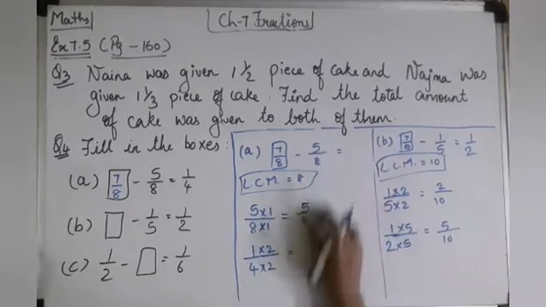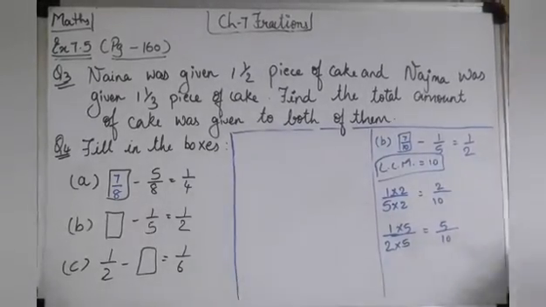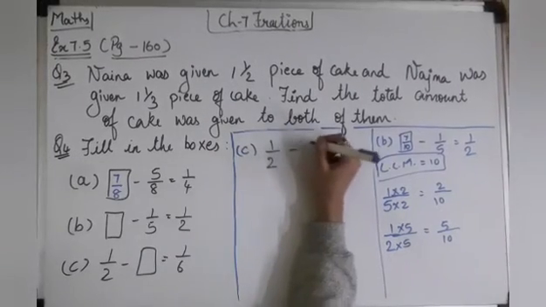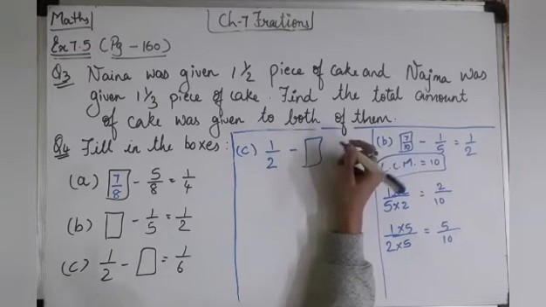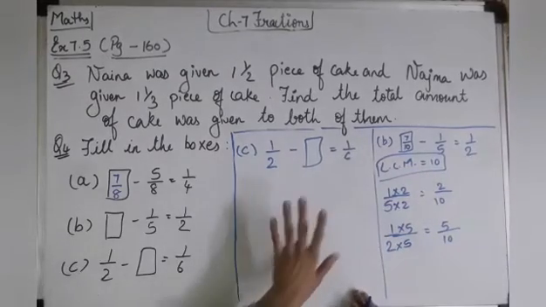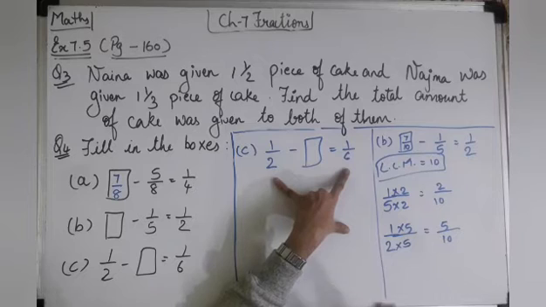C is quite different but it is also easy. 1 upon 2 minus, the second fraction is not given, and the answer is given, 1 upon 6. But in this also you can see that denominators are different, means it is unlike fraction.